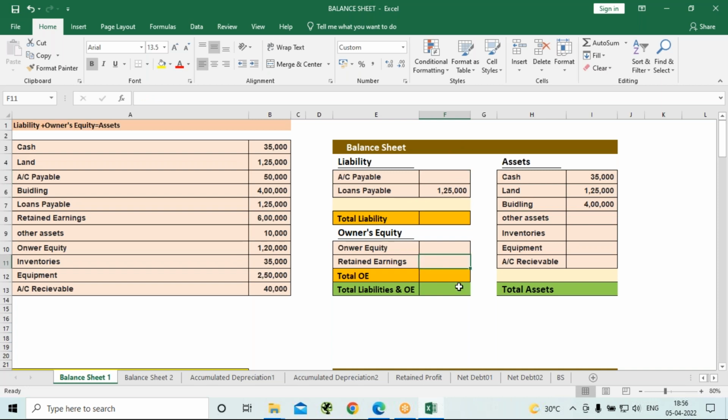The retained earnings is going to be the 6 lakh value. The owner's equity, that is nothing but the capital value, 1,20,000.